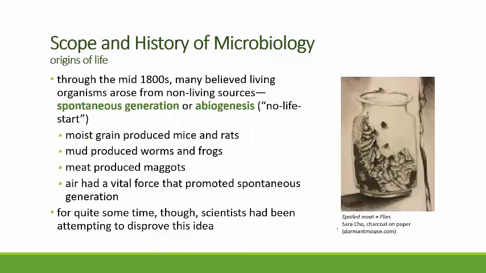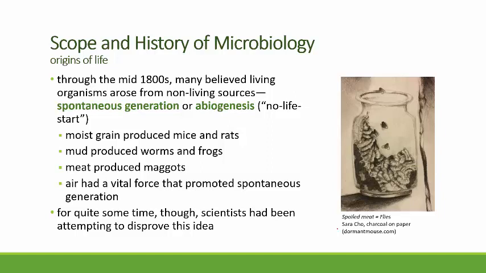Okay, so meanwhile, back in microbiology, we're now in the mid-1800s, and up through this time, there were still many people who were arguing for the idea that non-living things could, through, I won't use the word magic, but through unexplainable processes, spontaneously become living.